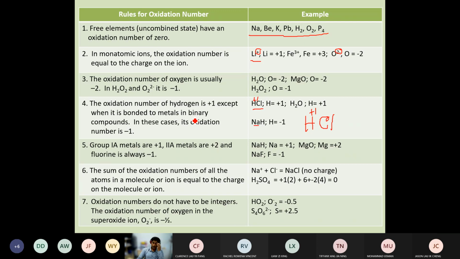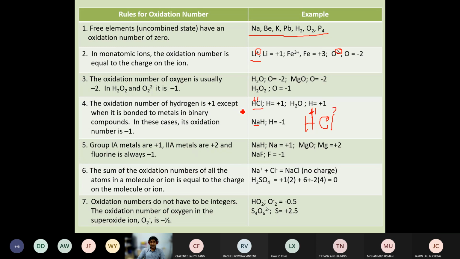If it is with any other element, hydrogen is +1 charge. So from this information, we put hydrogen as +1 and chlorine we do not know.